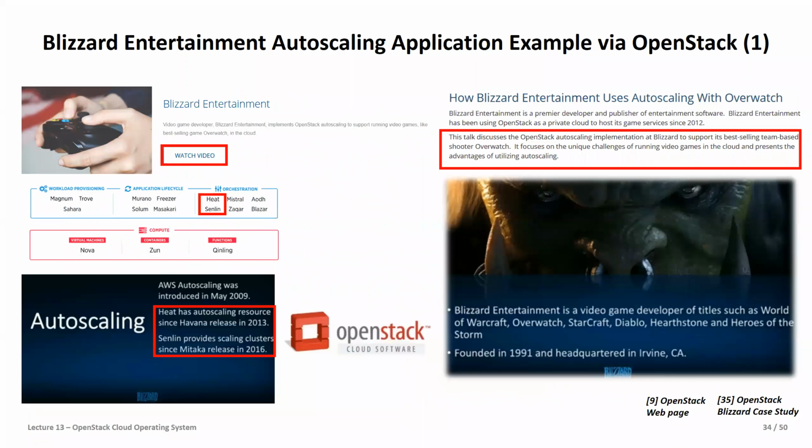And that brings us to the Blizzard Entertainment example, which again, I think some of you probably will know. It's quite famous in the gaming industry. You see really an OpenStack driver. They're using it as a private cloud to host their game servers, already since 2012. And of course, you can imagine in 8 years, this company learns a lot and also changes a lot.